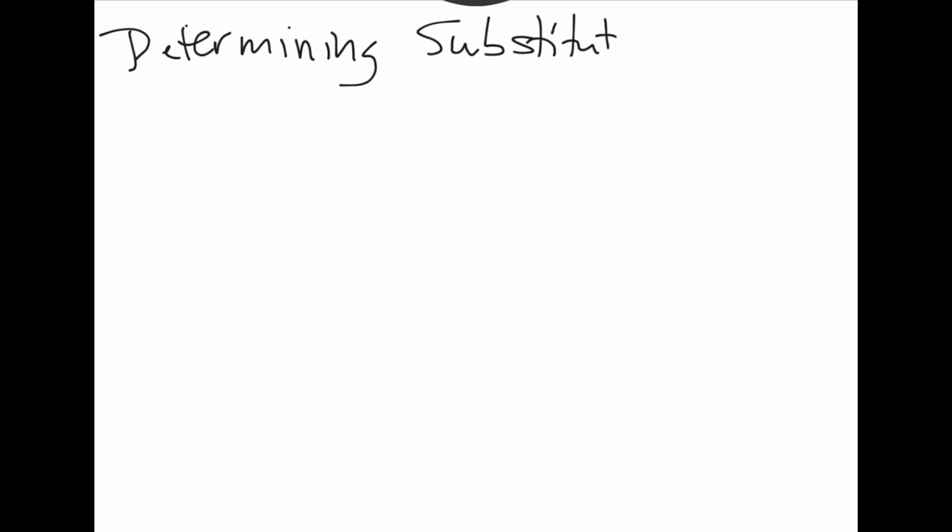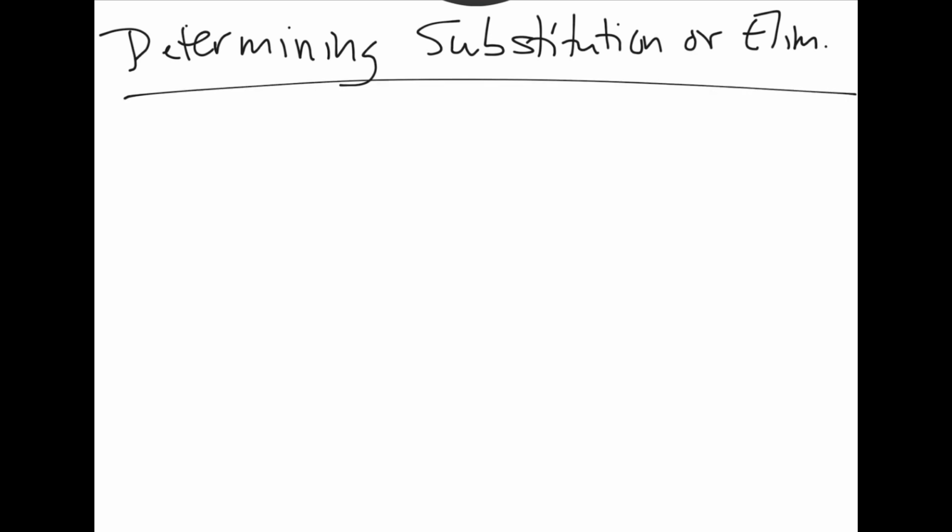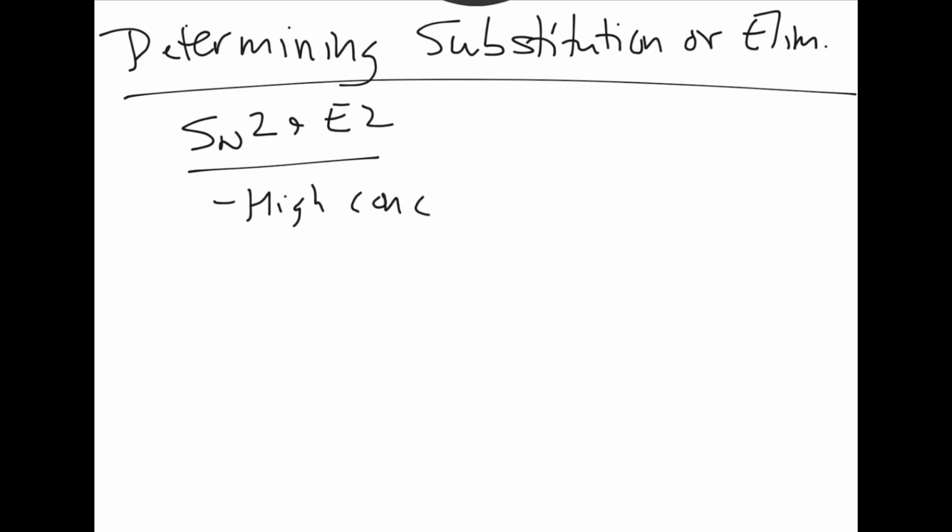All right. So let's talk about how you determine substitution or elimination. If you think about SN2 and E2, they both like high concentrations. They both like strong bases/nucleophiles.